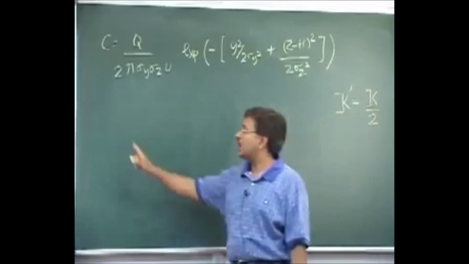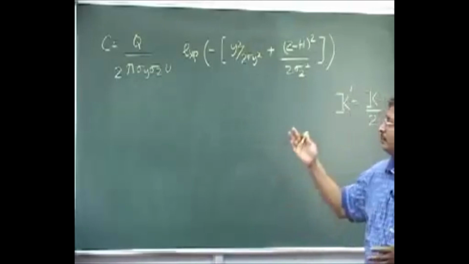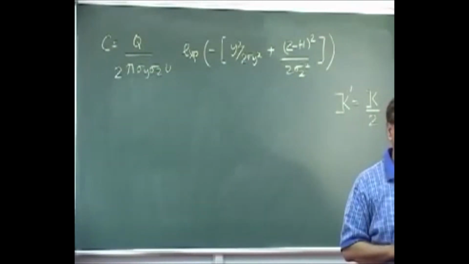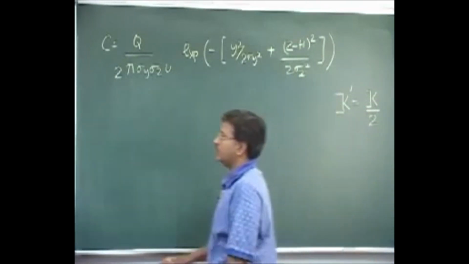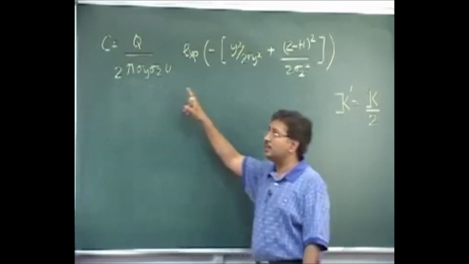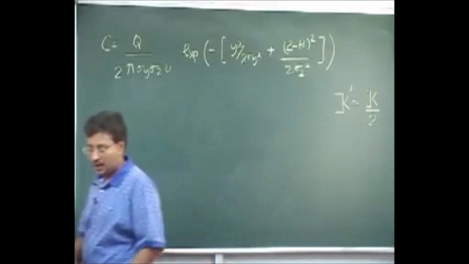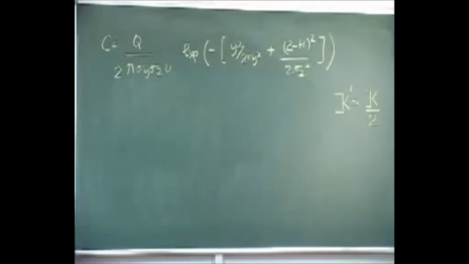So you see the additional 2 has come. We are not discussing how that 2 has come, but you accept that the additional 2 will come. So the equation changes from yesterday's by a factor of 2, and z becomes z minus h. So that part you can see very clearly.